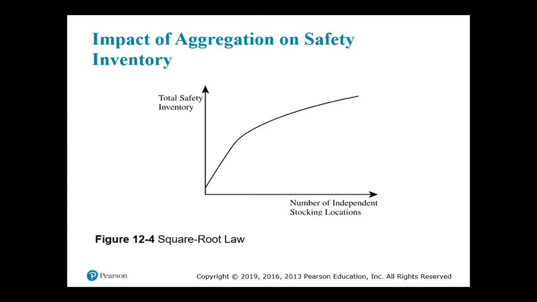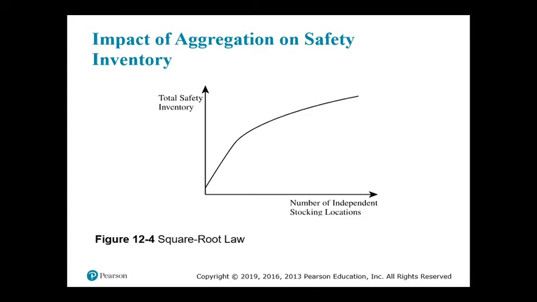And this saving also follows a square root shape, so the increase in savings will reduce as the number of locations increases.